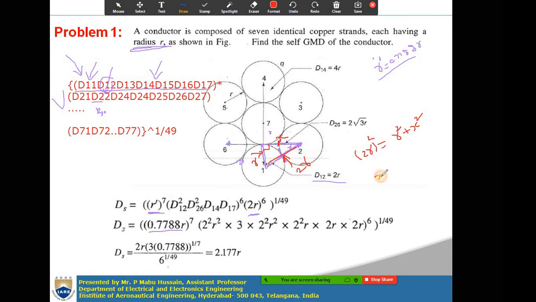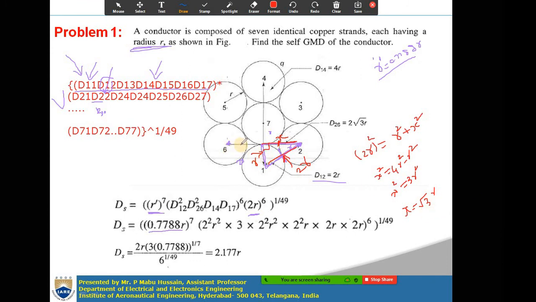So x square is equal to (2r) square, which is 4r square, minus r square. So 4r square minus r square is 3r square, and this is x square. So x square is 3r square, then x is root 3 into r. So this distance is root 3 into r.